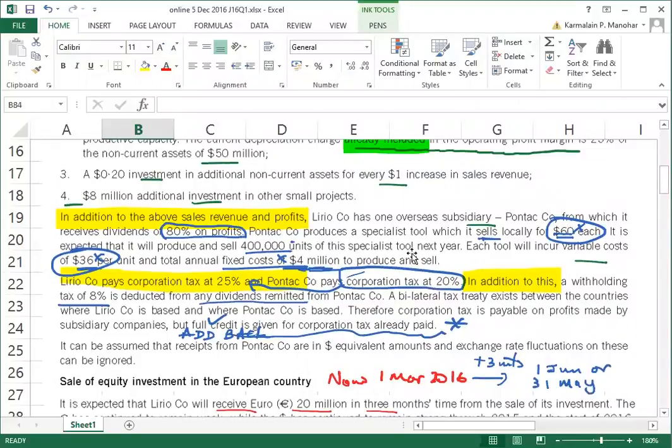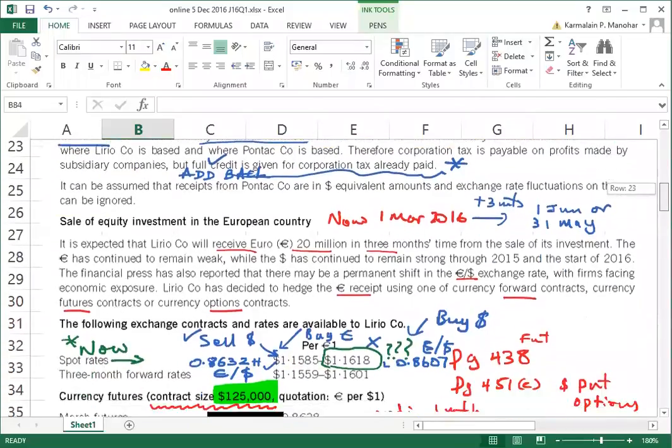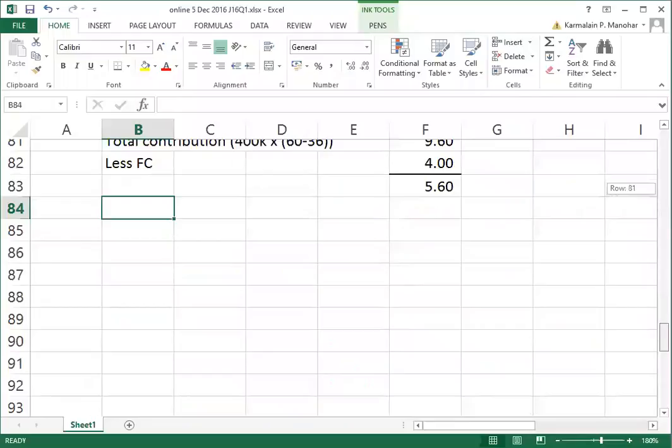And then we have to use 80%. After the tax. The equivalent amount, exchange rate fluctuations can be ignored. Oh, we have a nice line down here, exchange rates being ignored, and this is dollars. So, any tax?